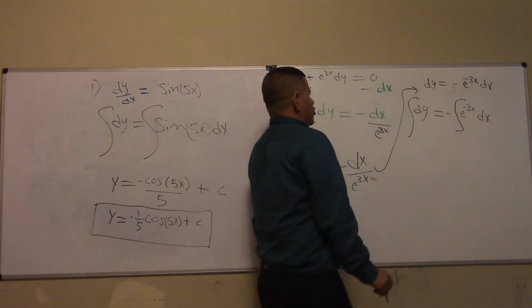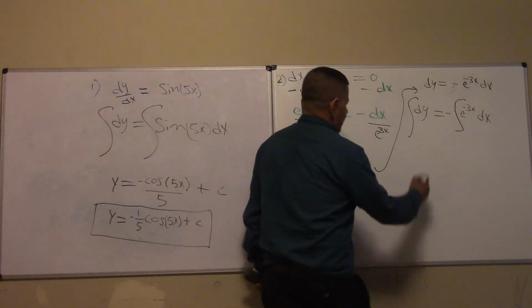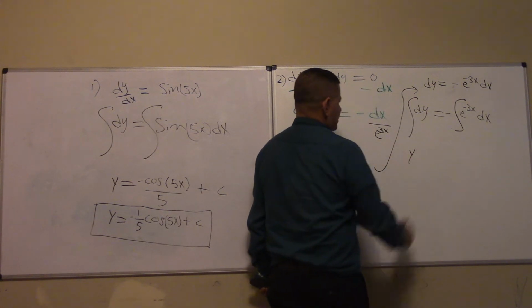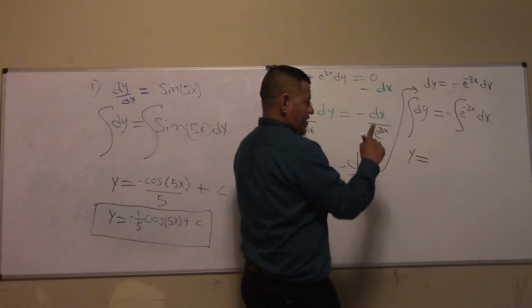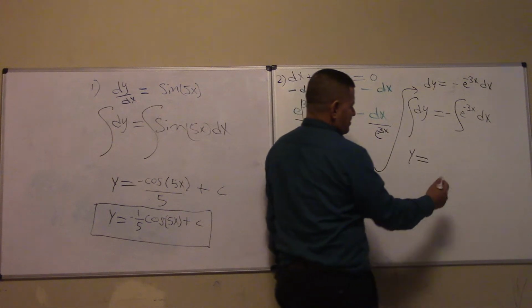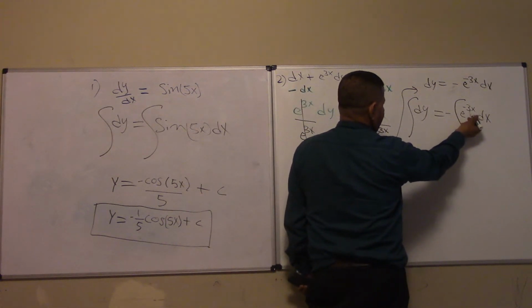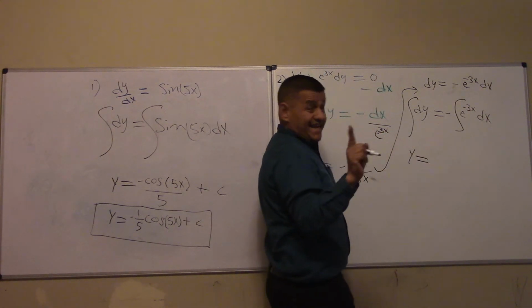When I integrate on both sides, the left side becomes y, and the right side, when I integrate that, I am just dividing by the exponent, the 3, but remember, it's a negative 3.